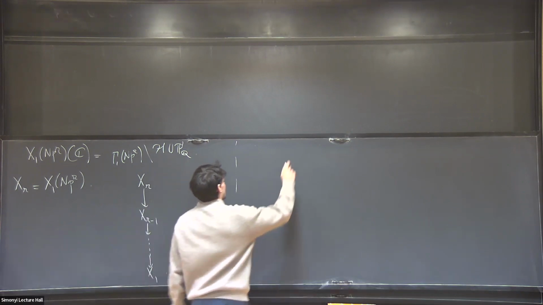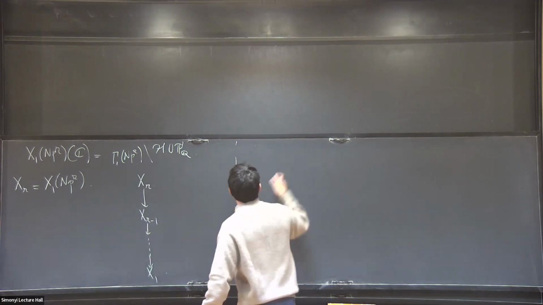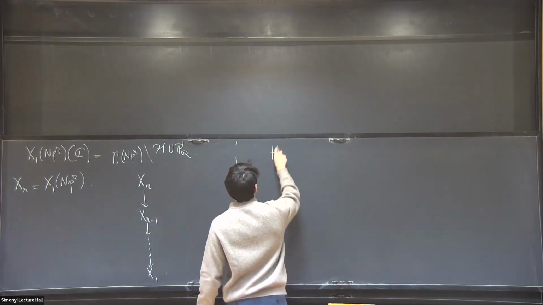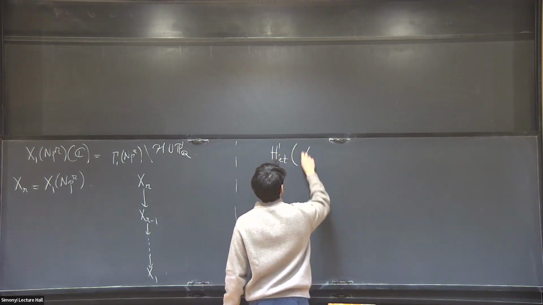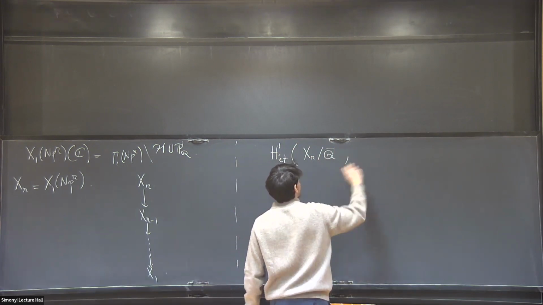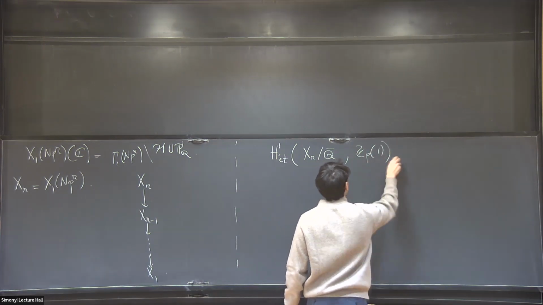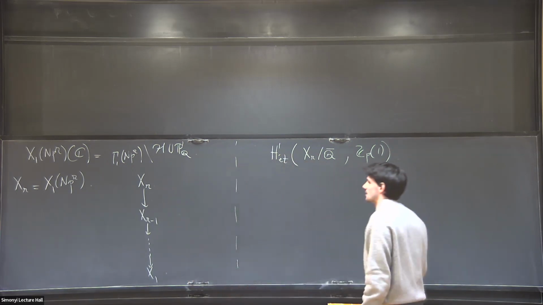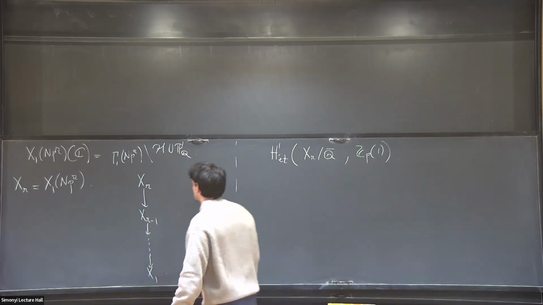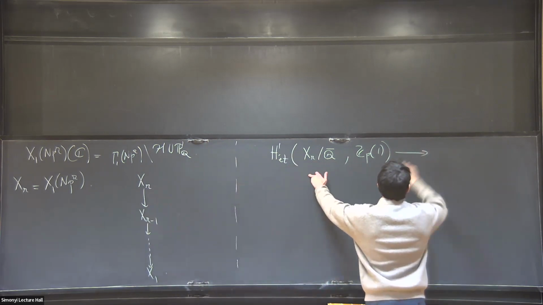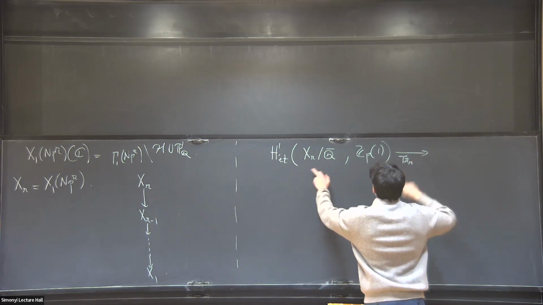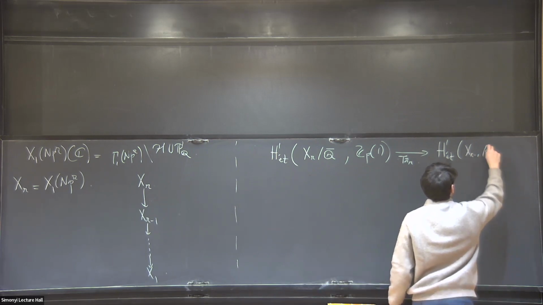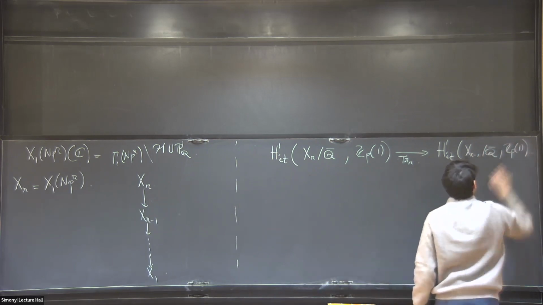So given this tower, we can consider the etale cohomology groups. So we have H^1 of X_r over Q-bar with coefficients in Z_p. Now you have the natural pullback maps, but actually the point of view of Ohta is reasoning with homology. And so you also have the trace map from H^1 of X_r down to X_{r-1}, Q-bar, with Z_p coefficients.